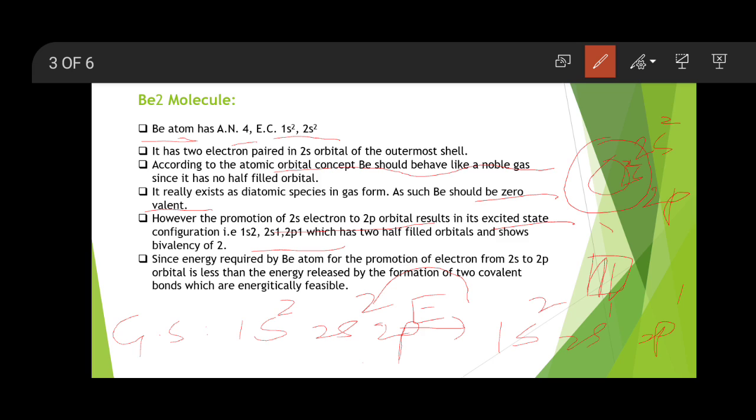Now when an electron is transferred from 2s to 2p, this particular beryllium atom now has two half-filled orbitals, and therefore it shows a bivalency of 2.